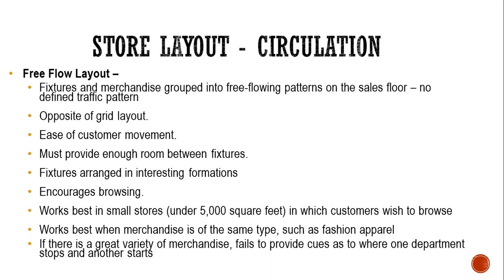In a grid you can find different types of stores, but in a free flow layout you go with only one type of merchandise. You find this mostly in the bag segment or the ornament segment, which they place in this free flow way.